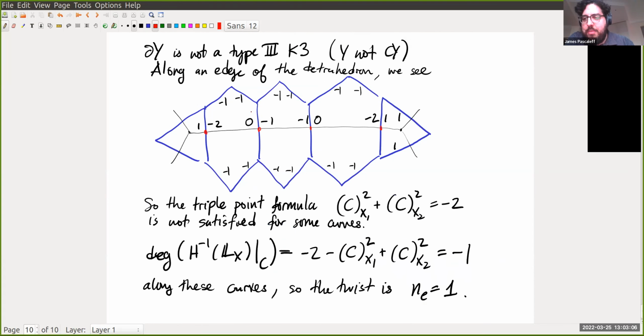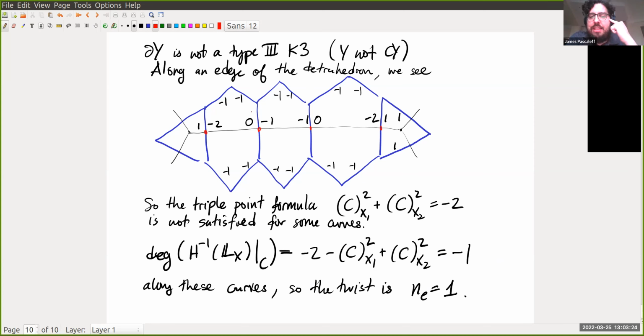And you can actually see that on the mirror side when you compute this thing. So this was maybe a little bit mysterious before. I said I take the degree -1 cohomology of the cotangent complex of X. If you actually work out what that is, it is actually non-trivial. There's something called the triple point formula for these surfaces that lets you compute that. It's basically a souped up version of the adjunction formula.